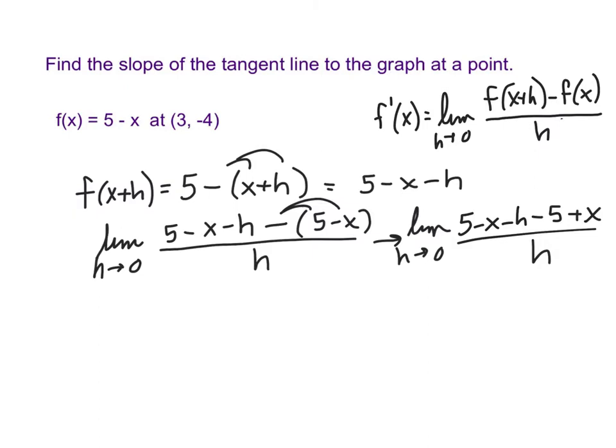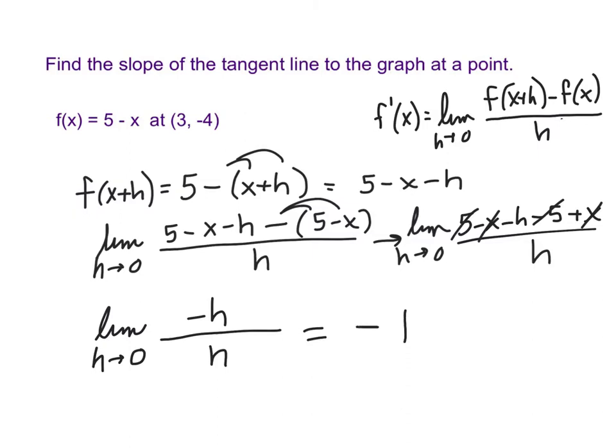And if it doesn't, you did something wrong. So 5 minus 5, negative x plus x, right? So you're going to end up with the limit as h approaches 0 of negative h over h, which just reduces to -1. That's going to be the slope of the tangent at the point 3, -4.